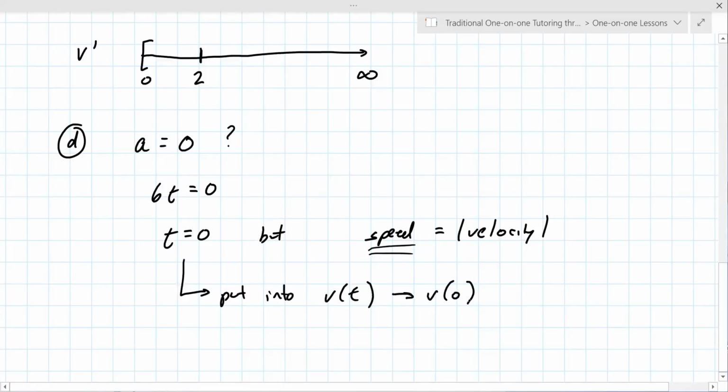Your velocity function is 3t squared minus 12. So your v of 0 is 3 times 0 squared minus 12, which equals minus 12. But since it's asking for speed, you take the absolute value of that.